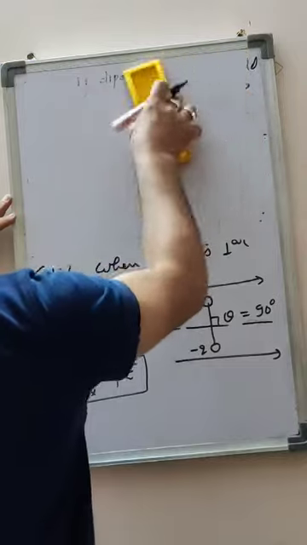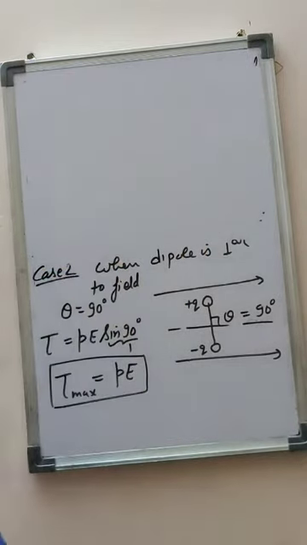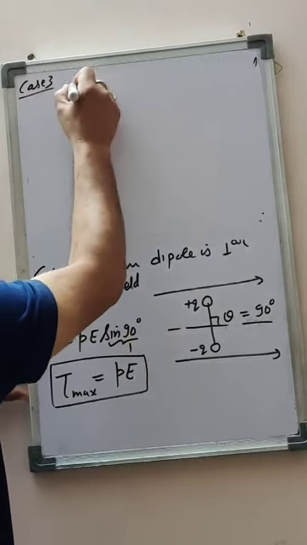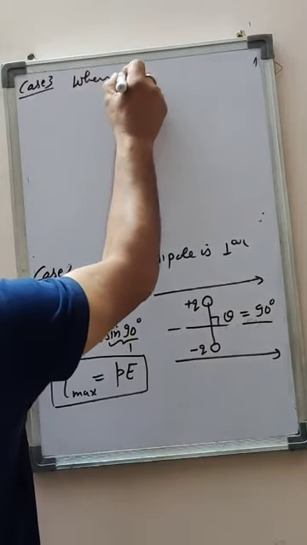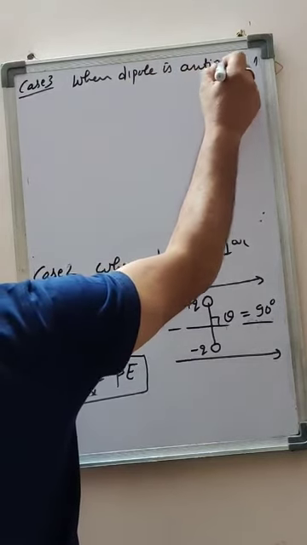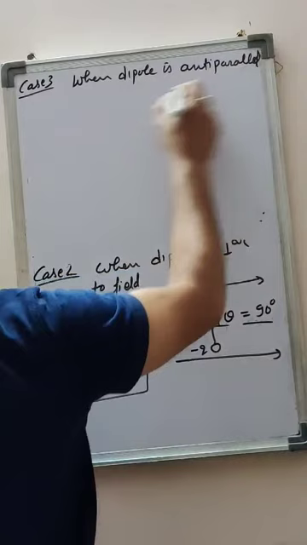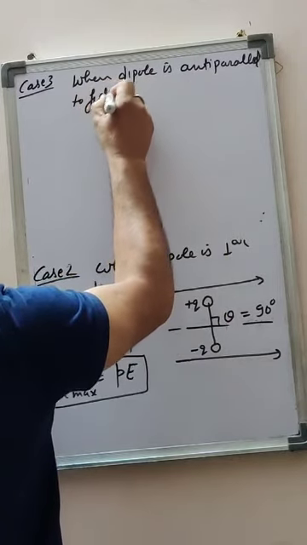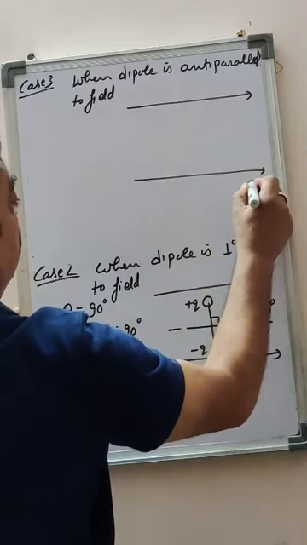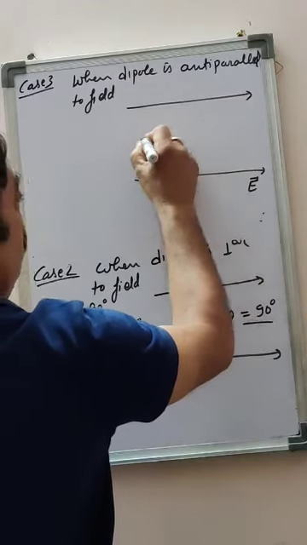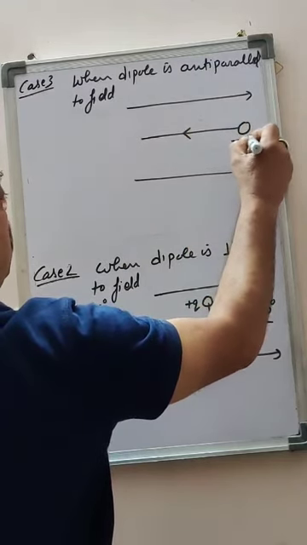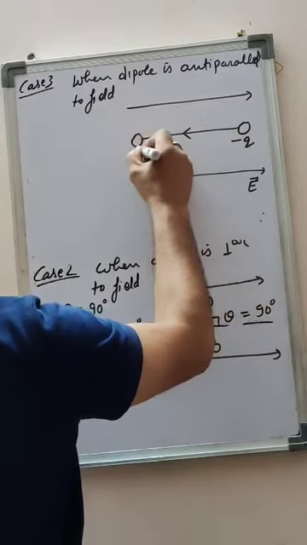Then in case 3, when the dipole is anti-parallel to the field, this will be the situation. Electric field, dipole moment should be anti-parallel. So on this side you have negative q and on this side you will have positive q.